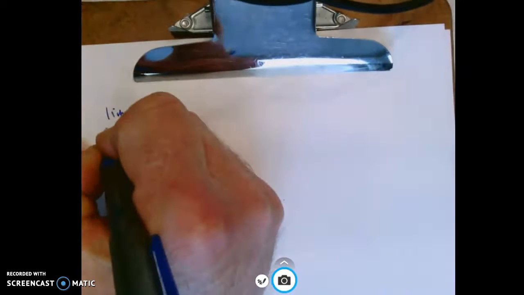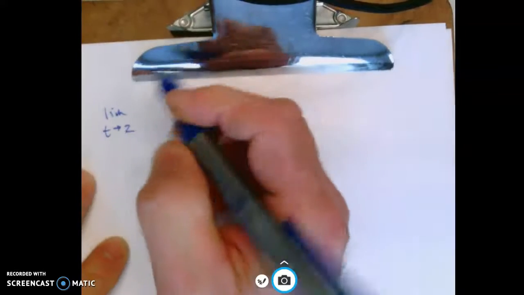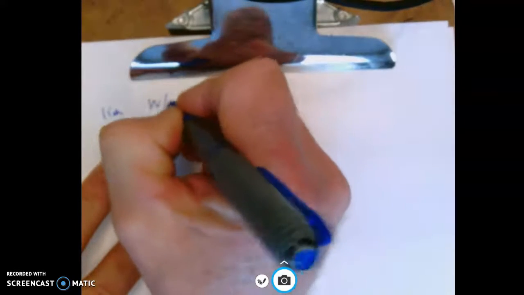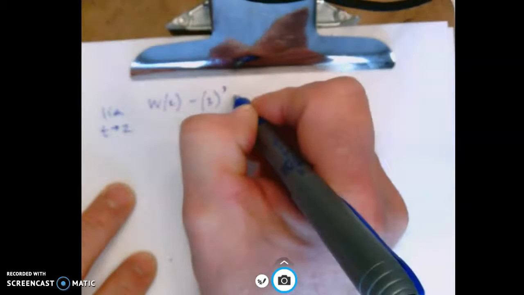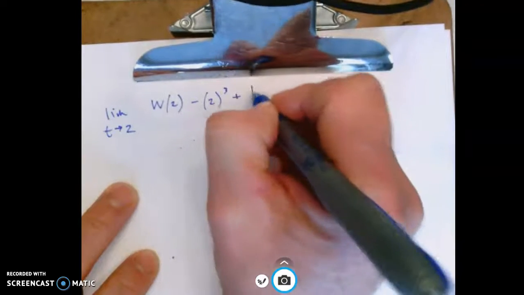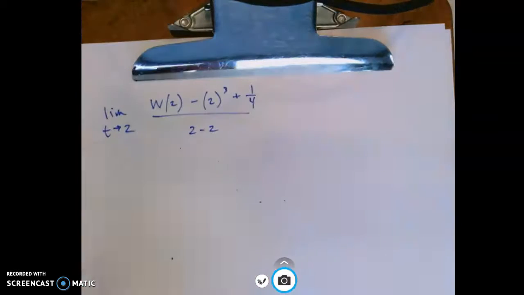But let's just start out doing what we know to do about limits, and that is evaluating this at 2. So when I evaluate this limit, I don't have any other recourse but to evaluate the limit.